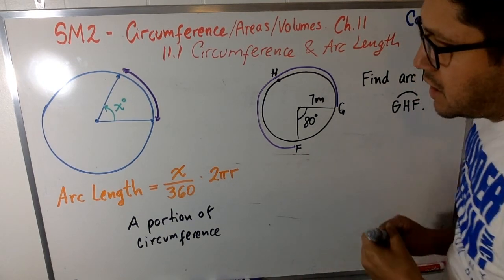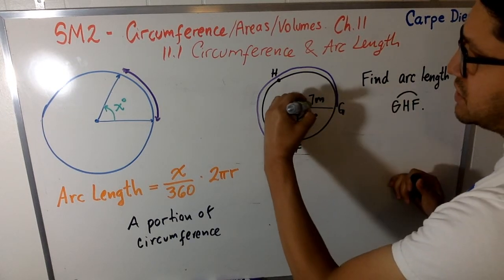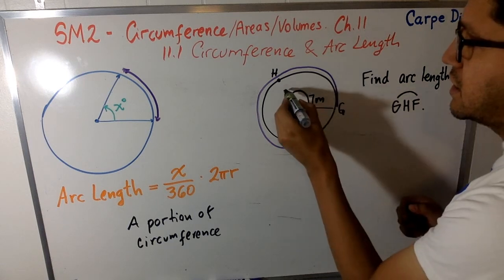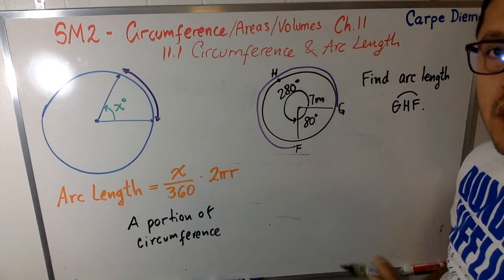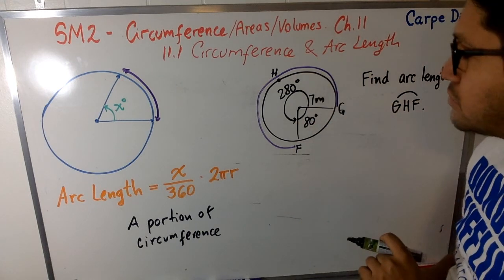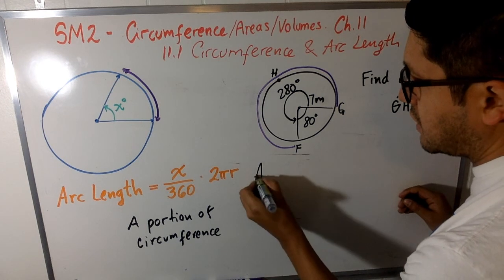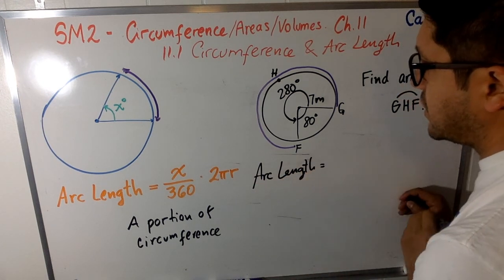Well, we have this 80 degrees, which means that if you take into account the rest of it, it's going to be 280 degrees, because both of them complete the round. So the portion I want to find, the arc length, is given by this situation.